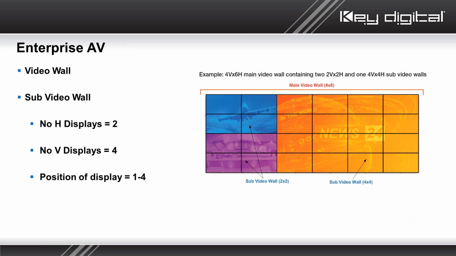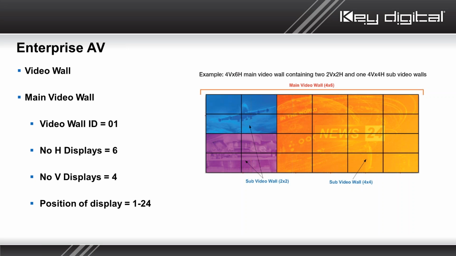And so if we are to take this example here, the main video wall, we set the ID for the main, right? And you have 6 horizontal displays, you have 4 vertical displays, and you set the ID number of each display.